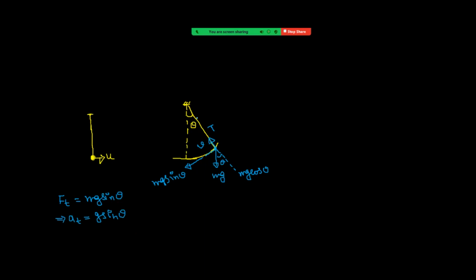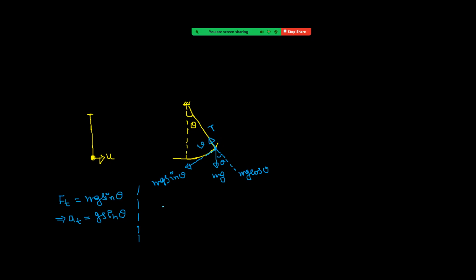Now focus along the string length. You can see this point mass follows a circular path. Therefore, there must be centripetal force. Who is providing the centripetal force? Centripetal force means net force towards the center. Here tension is towards the center of the circle, and mg cos theta is away from the center.